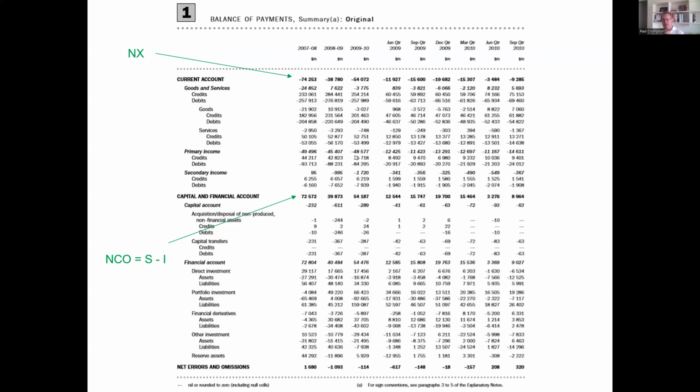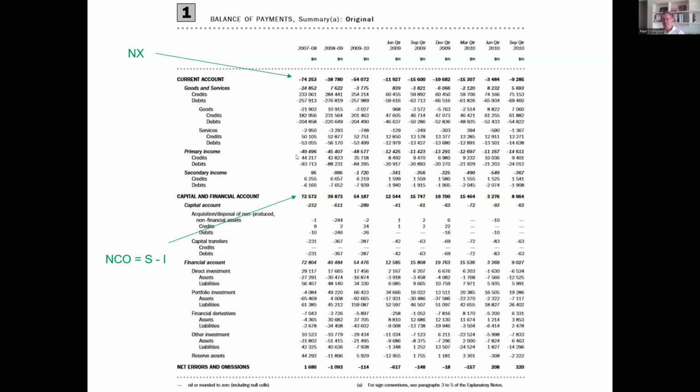Primary income, acknowledge that it exists, but it doesn't vary much over time. And so when you think about the current account, think mainly that what's of major interest is the goods and services balance, because that's the one that fluctuates over time, and that is the one that therefore needs to be explained. Because the primary income deficit doesn't fluctuate much over time, it's easy to explain that.